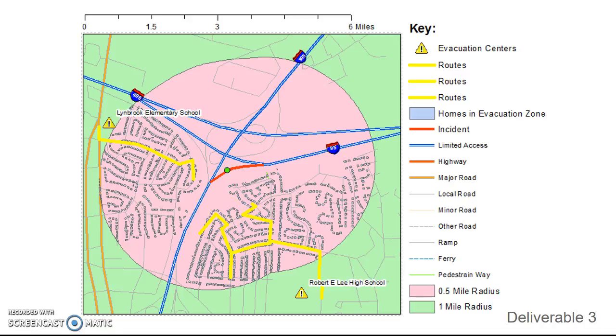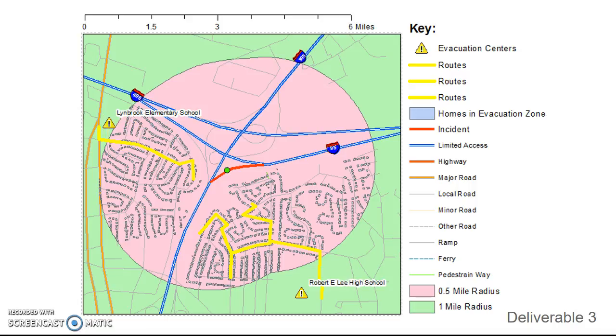And on the west and northwest area of the incident, on the west side of the 395 and south of 495, you can see the Lynbrook Elementary School is going to be taking everyone from that portion out of the evacuation zone.